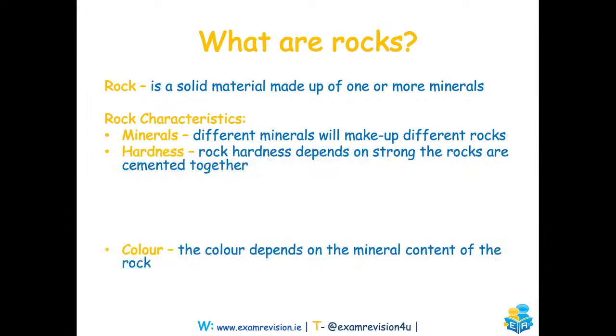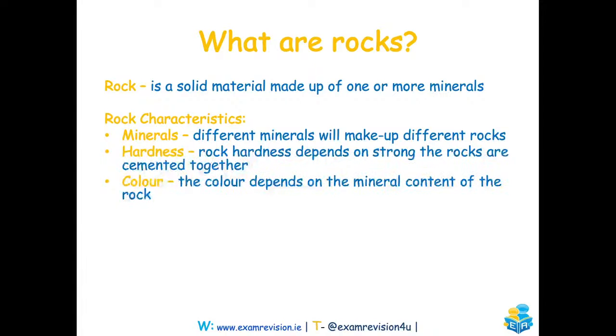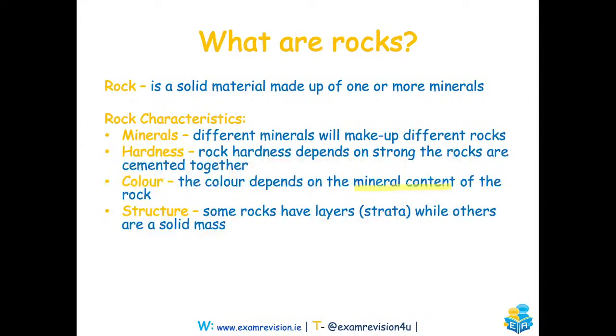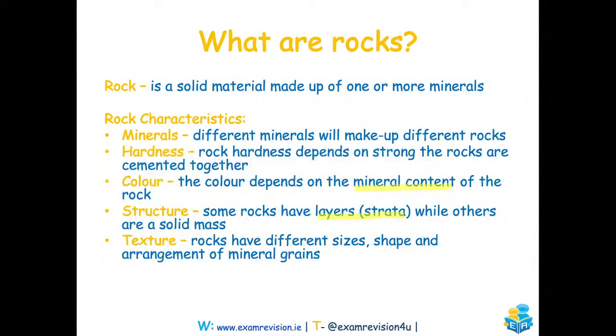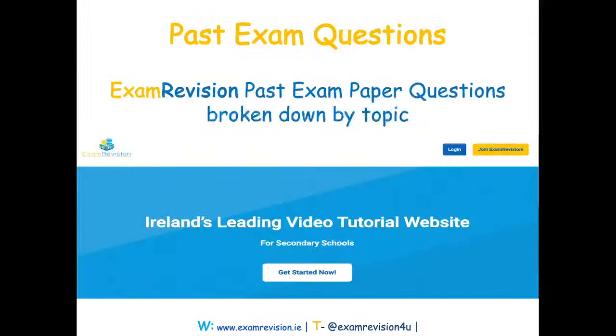Colour depends on the mineral content of the rocks. Structure: some rocks have layers, which we call strata, while others are just a solid mass. And texture: rocks have different sizes, shapes, and arrangements of mineral grains.